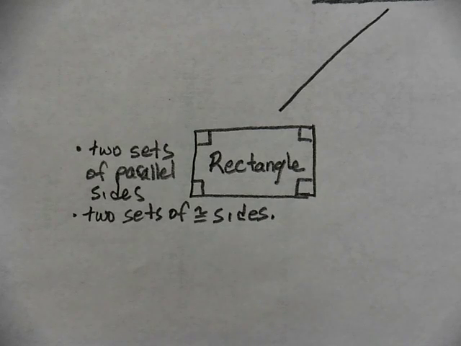That's the only thing we know for sure about the sides. Yes, the sides could be all congruent, but they don't have to be.